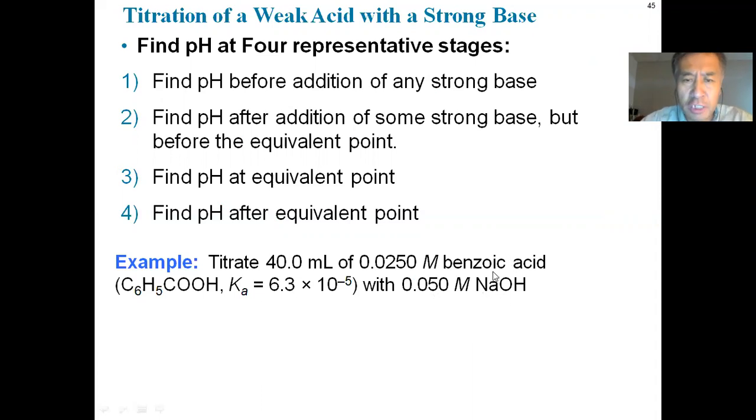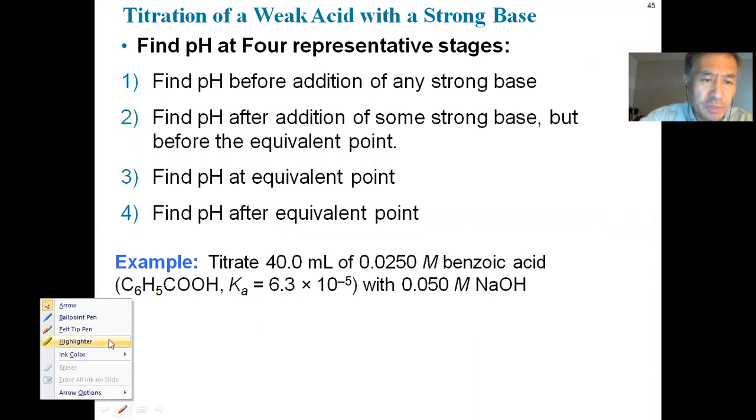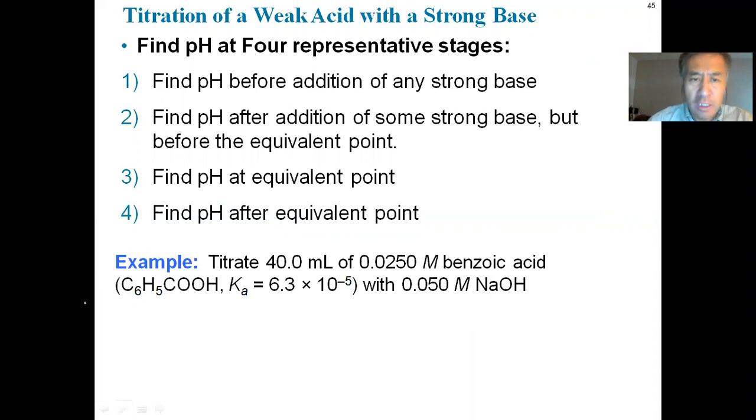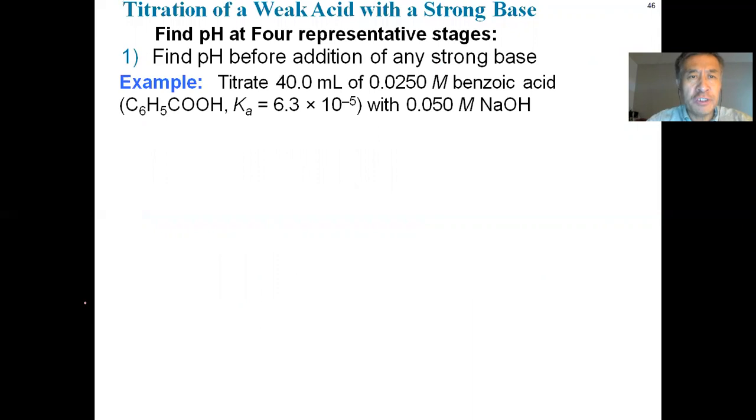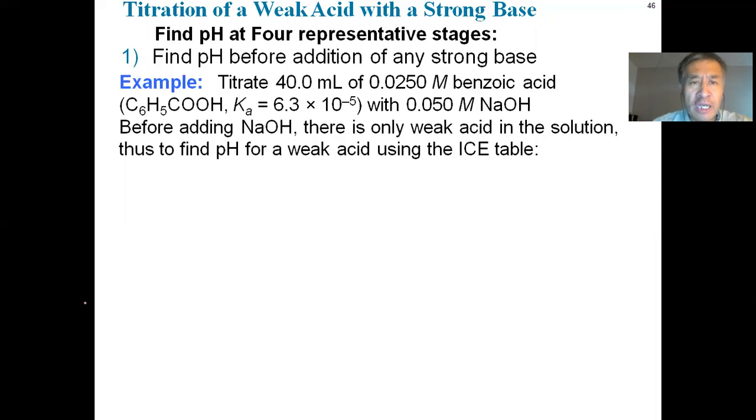So this is our example. The first stage is finding pH before addition of any strong base. Before adding any strong base, NaOH or some other strong base, there is only weak acid in the solution.